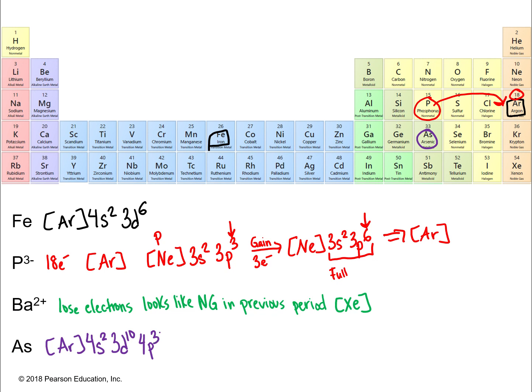So that's what you should have for arsenic. Use the argon noble gas core, and then 4s2, 3d10, 4p3.